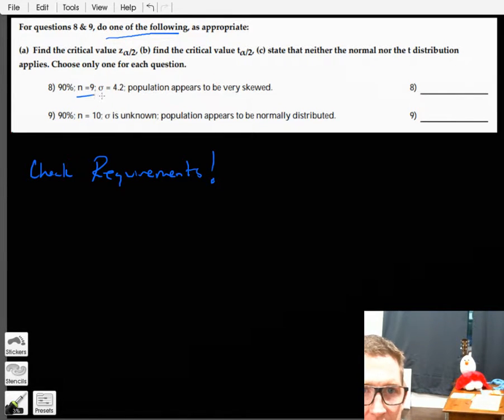N is 9. You know the standard deviation of the population is 4.2, and you're told that the population appears to be very skewed. So if the population is very skewed, the only way we could do this interval is if N is greater than or equal to 30, or if it's normally distributed.